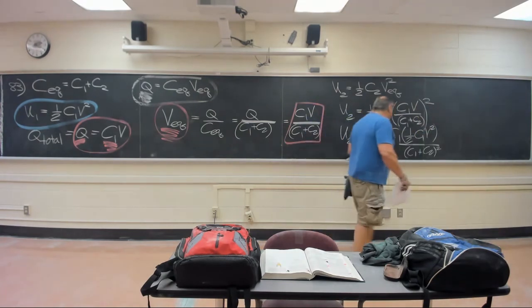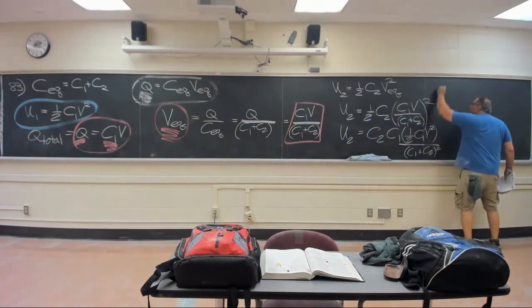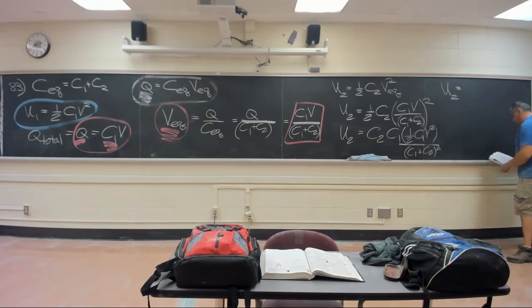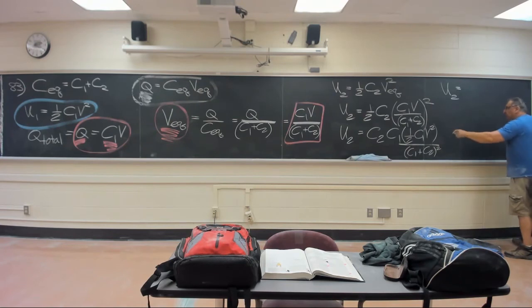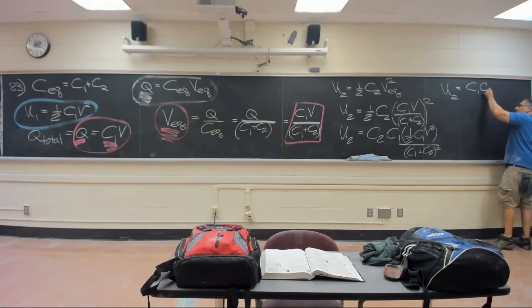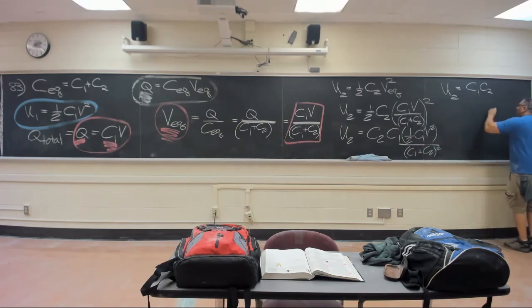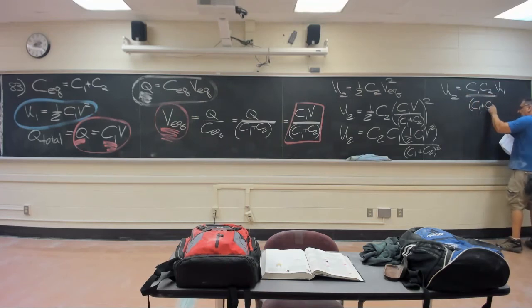Look at it, be careful. It's not too bad. Just be careful. Obviously, the careless mistakes are easy to make, that's for sure. C2C1 or C1C2, 1/2 C1 V squared is U1, and this guy is C1 plus C2 squared.